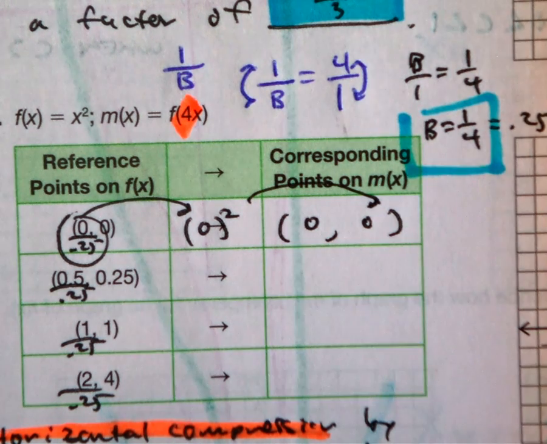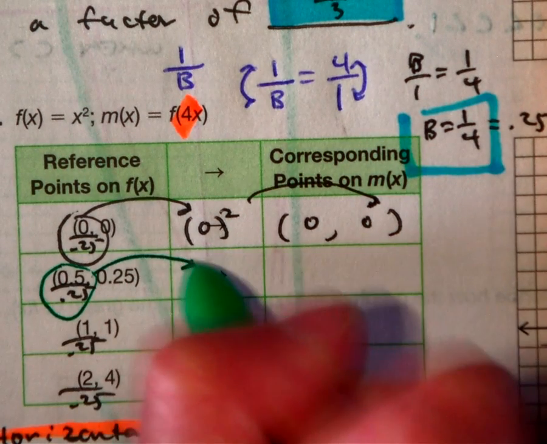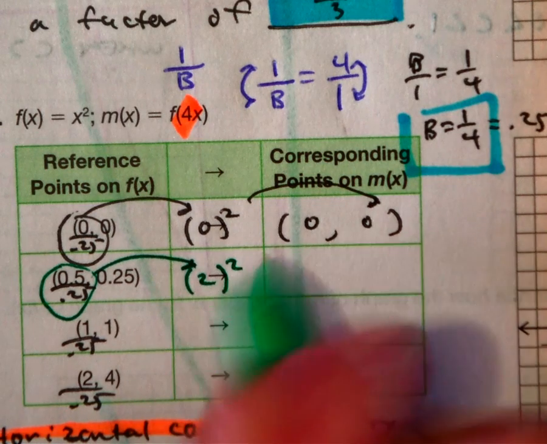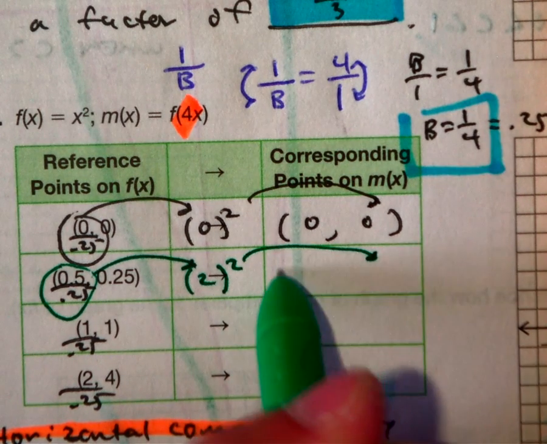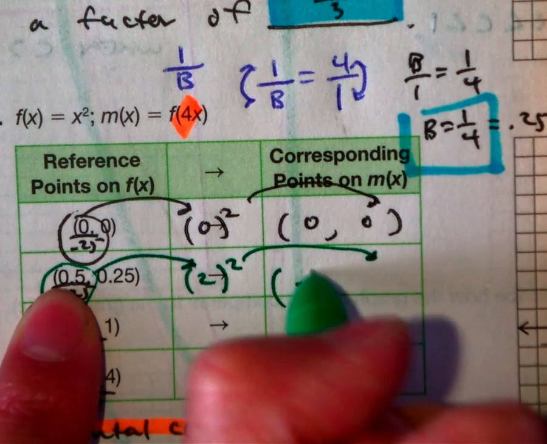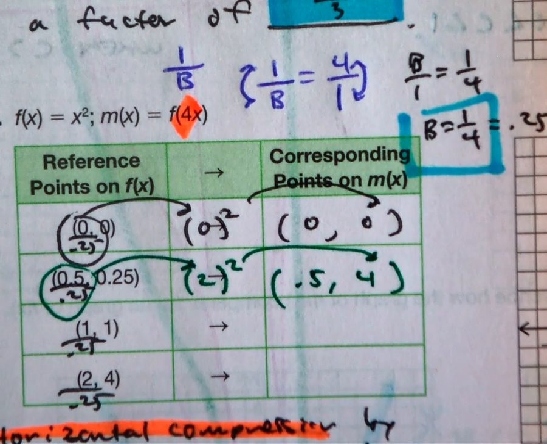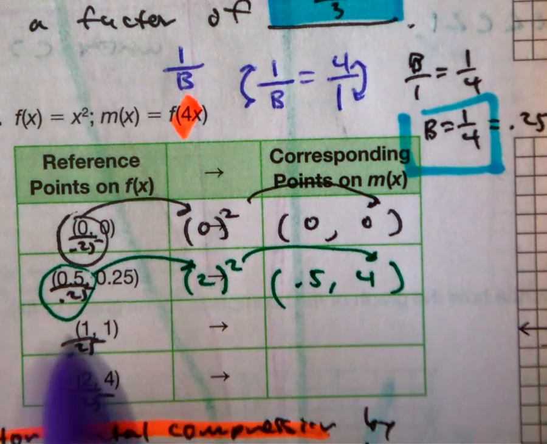Julian, 0.5 divided by 0.25. And 2 squared. So I'm taking my x coordinate, 0.5, and 4 is correct. Dora? 1 divided by 0.25.